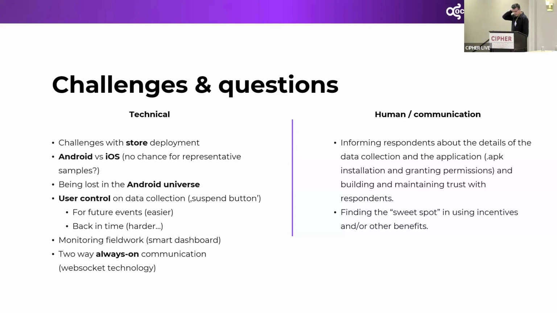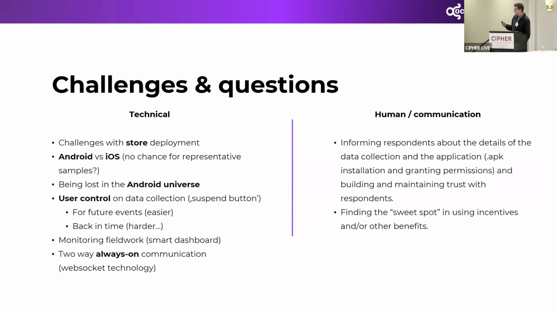So the first one is that, I don't know, many of you struggle with this. At this stage, this app will be used as an APK. So people have to install it outside the Google Store, which is a challenge for everyone, for the user and for us, how to explain what's happening and what to do and what it means that you are installing something from outside.